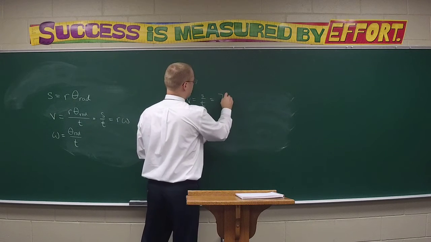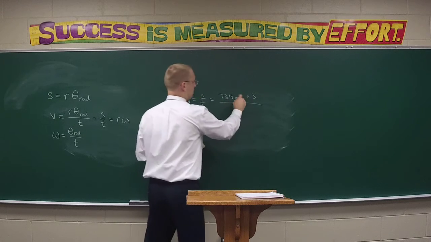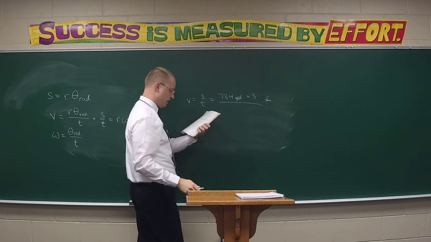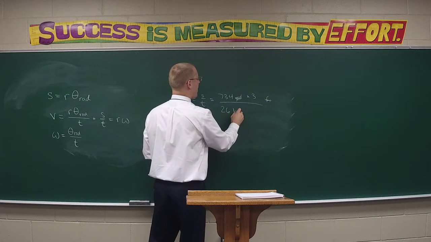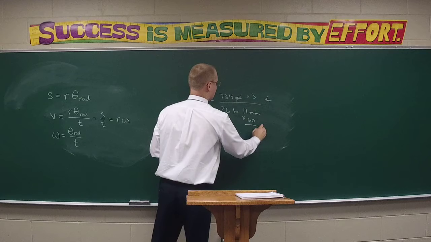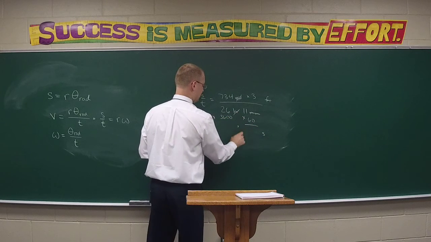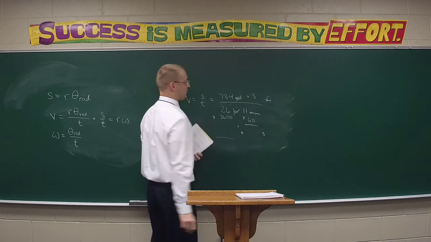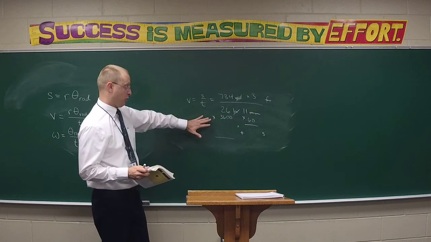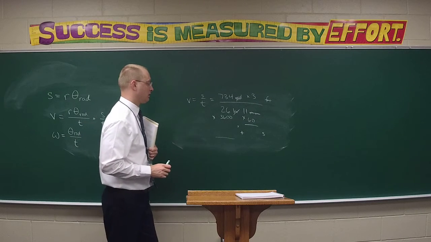And we've got our 734 yards times 3 to get feet. And then we've got our time is 26 hours, 11 minutes. So we're going to multiply this by 60 to get seconds. We're going to multiply this by 3,600 to get seconds. And I'm going to add the seconds and seconds together. So I get the denominator first. 26 times 3,600 gives how many seconds?